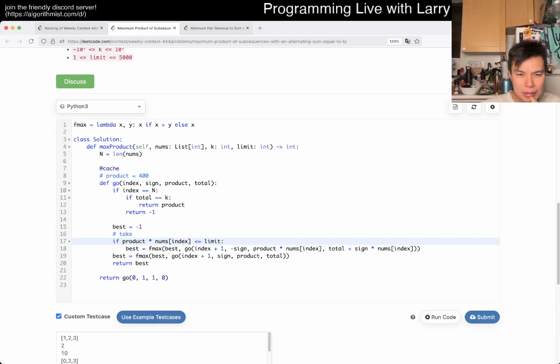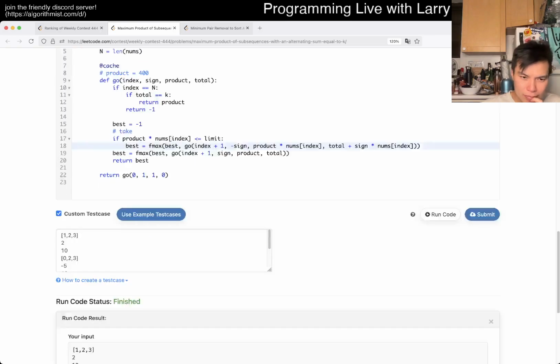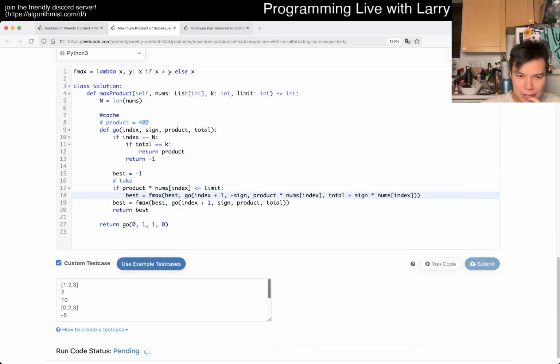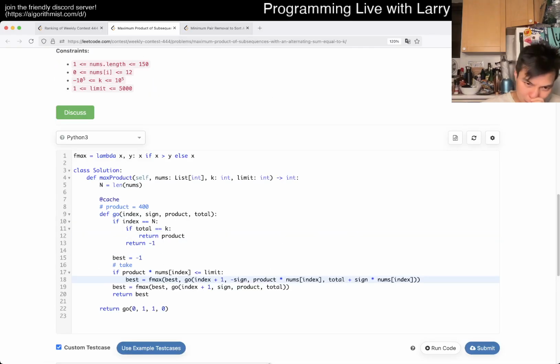Product times... How is this wrong? Why is it wrong? Is it here? Total is equal to K?